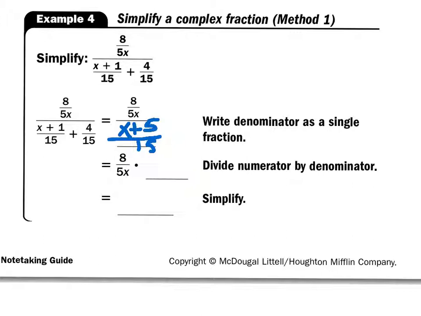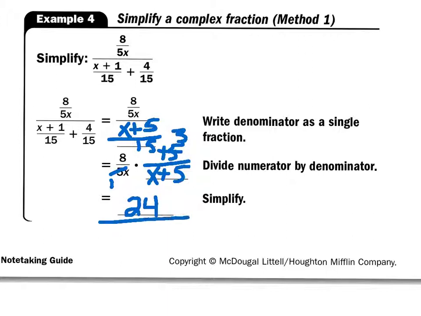You flip, then multiply. So I'm going to multiply by 15 over x plus 5. Okay. Then I can cross-reduce by dividing this by 5 to get me 24 over x squared plus 5x. And that's my final answer.